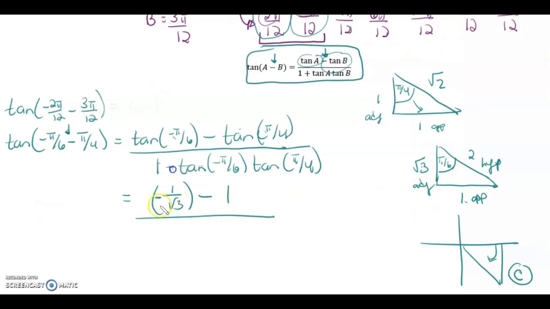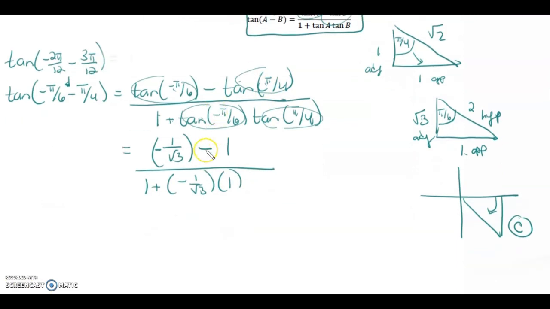All over 1 plus. Okay, and then these are duplicates. This is a duplicate of here. So negative 1 over root 3. And then this is a duplicate of here times 1. Okay, so negative 1 over root 3 minus 1. We're going to find a common denominator here.